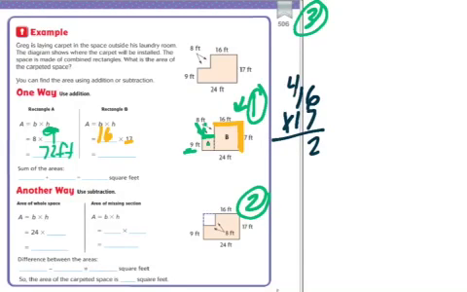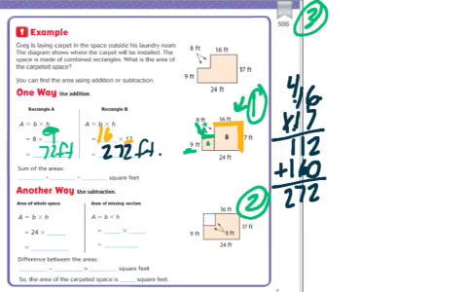Carry my 4. 7 times 1 is 7, plus 4 more is 11. I put my placeholder, don't forget it. Tens place times the ones place. 1 times 6 is 6. 1 times 1 is 1. Notice how I lined up all of my numbers. I add down: 2, 7, 2. Okay? So my rectangle B is 272 feet.